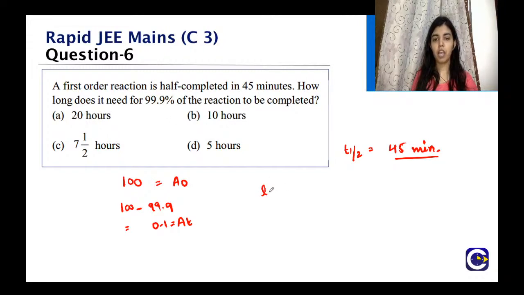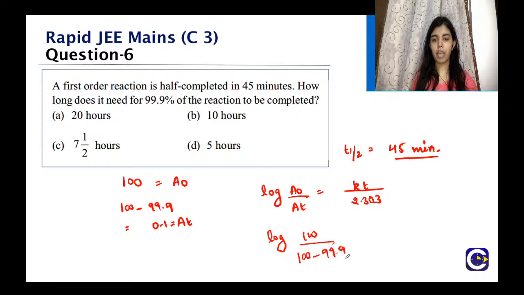So this will be log of A naught by AT will be equal to KT upon 2.303. So this will be log of 100 upon 100 minus 99.9 equals KT 99.9% divided by 2.303. Now we know the relationship between half-life and the rate constant of a reaction: K equals 0.693 divided by T half.